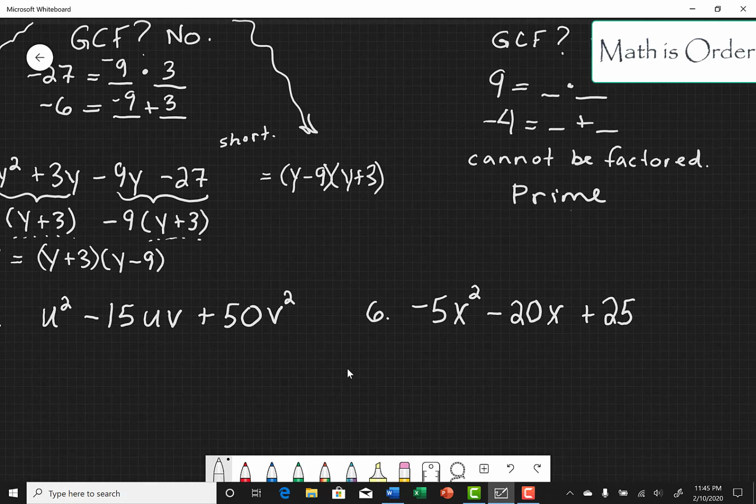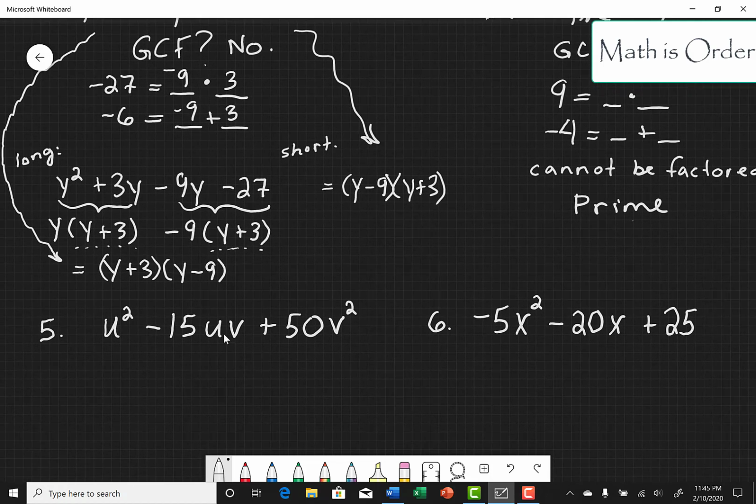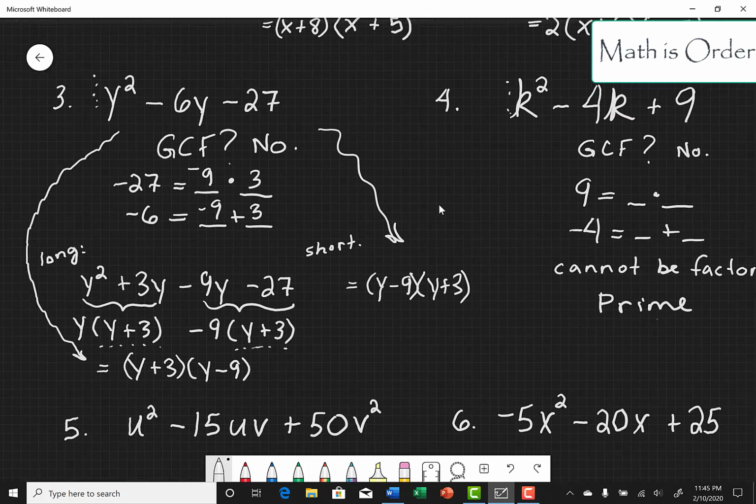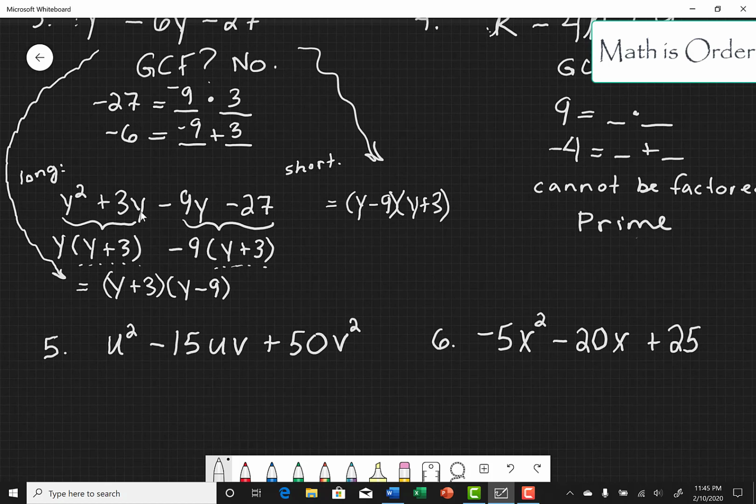Sometimes you will see 2 variables in a trinomial, like how it's given here in number 5. Just take your time. So here, when we factor, as we did in the earlier problem, like here in number 3 we had y there, right?